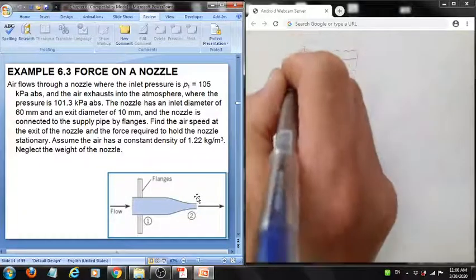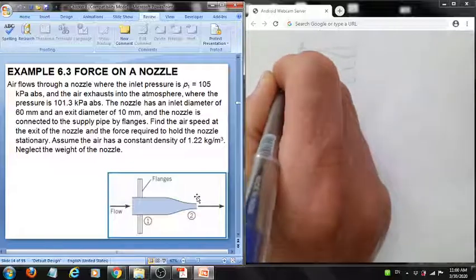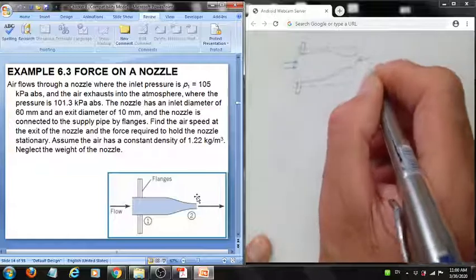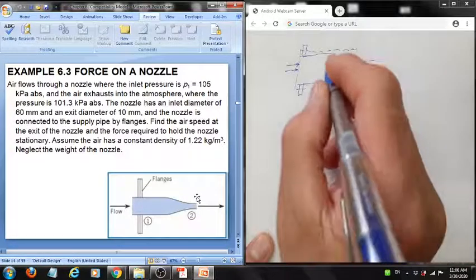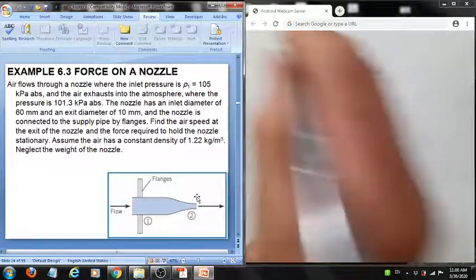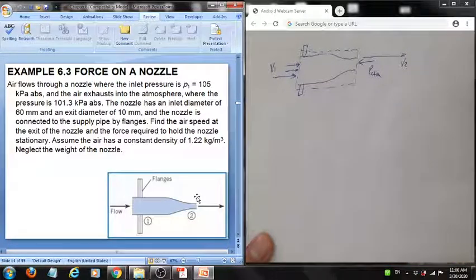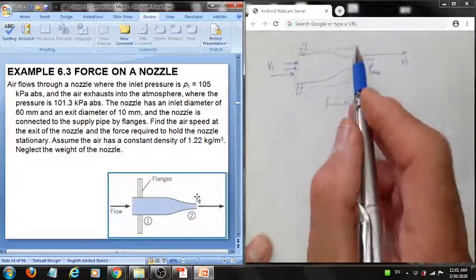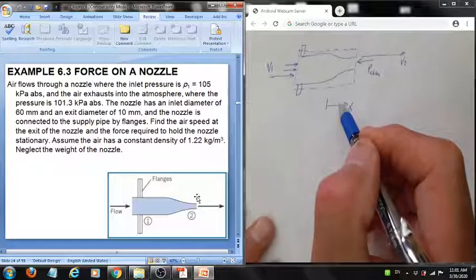Recognize that the fluid here has a pressure force, which is the pressure times area, and here also we have a pressure force, which is the atmospheric pressure. We will neglect its weight. Also we have fluid coming in, and fluid leaving in this manner. So basically we are interested only in the x direction, so we have drawn the control volume and identified the coordinate that we need, which is the x direction.